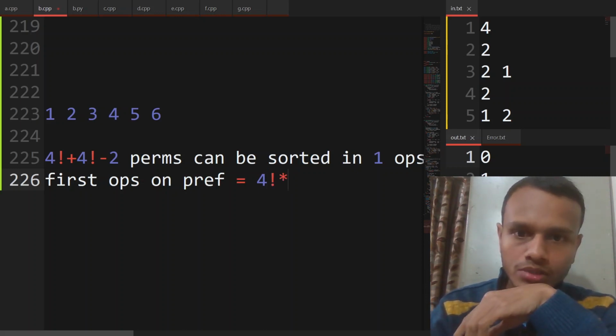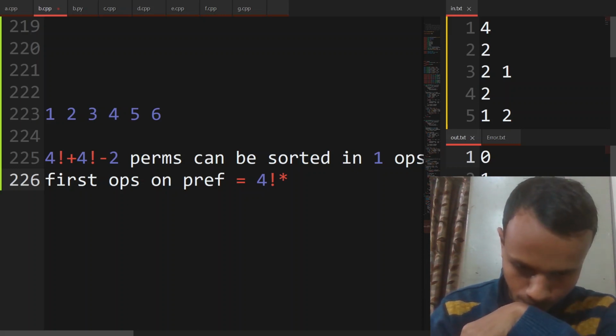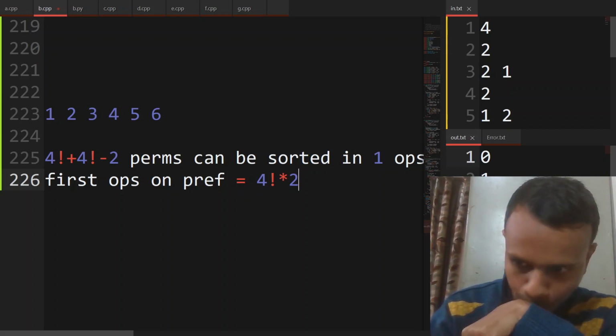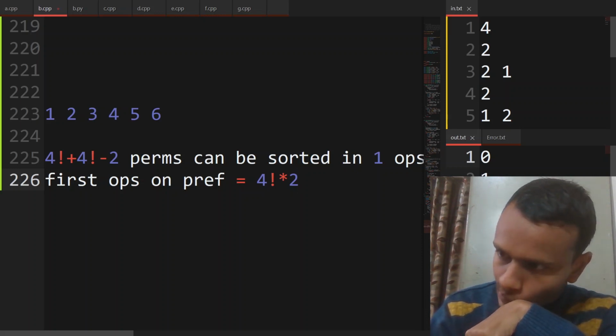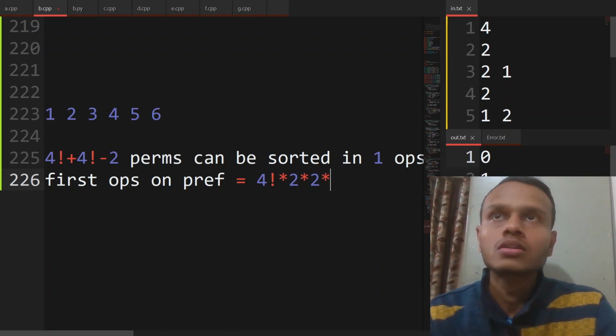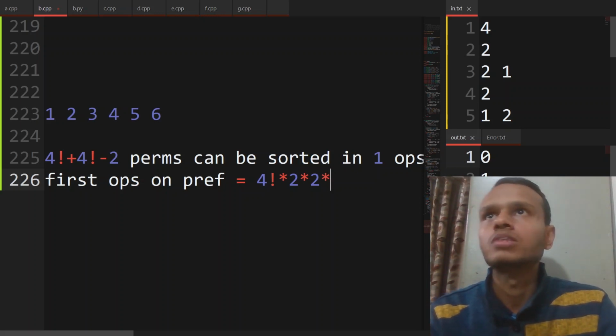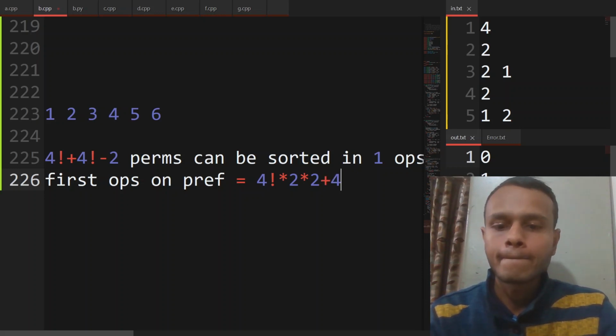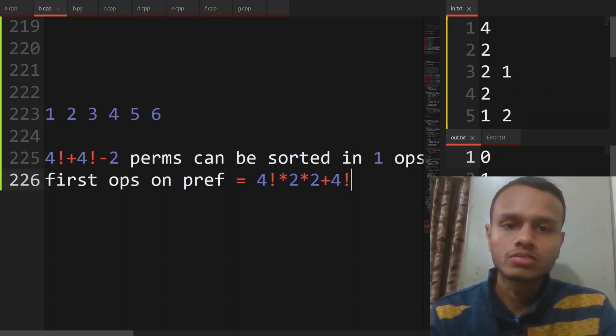Factorial 4 times 2 only, because only 3 or 4 can go missing. Plus same thing for 6, plus same thing for 4 factorial 4. Now the only pair that remains that can go missing is 3 4. Yeah, so just factorial 4.